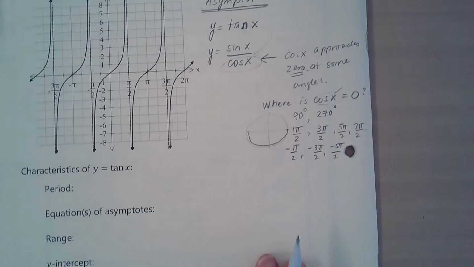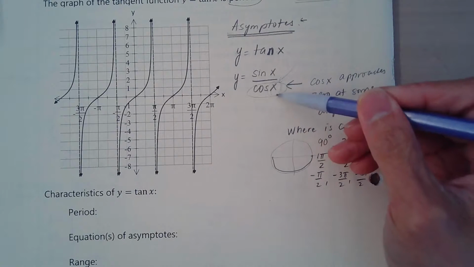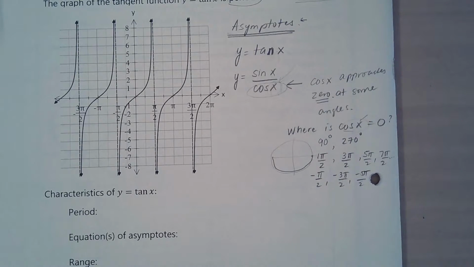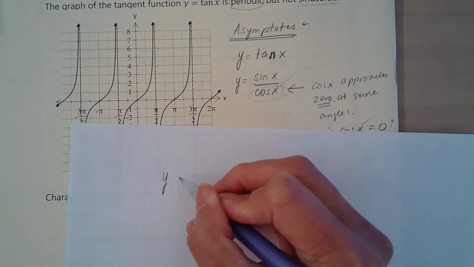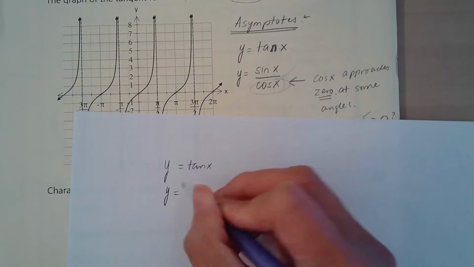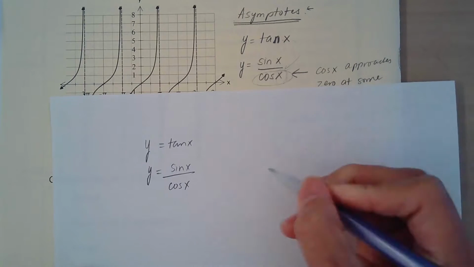So if we put pi over 2 there, what would happen? Let's see. y equals tan of x, and y equals sine of x over cos of x.